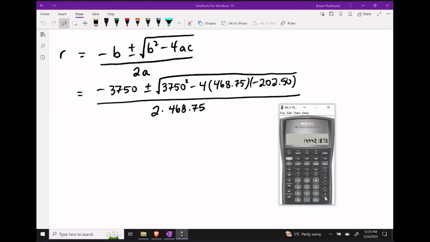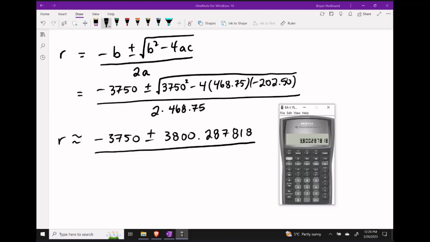So this is the number that's underneath our square root. If you want to find the square root of this number, we can use the square root button. So let's copy down this number that is around 3,800 into our numerator in place of that square root. Next, let's multiply the two numbers inside of our denominator.